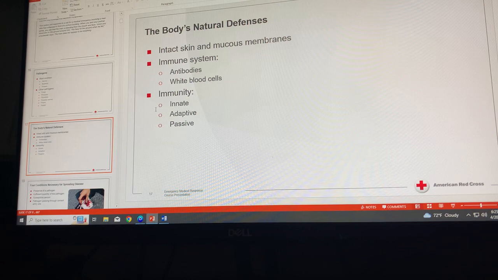The immune system's basic tools are antibodies and white blood cells. Special white blood cells travel around the body and identify invading pathogens. Once they detect the pathogen, white blood cells gather around it and release antibodies that fight infection.